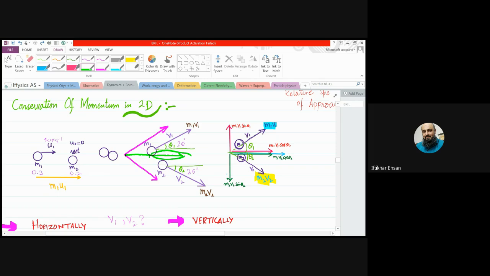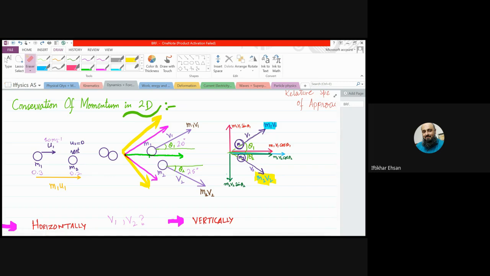This final momentum after collision is equal to the initial momentum. And for the final momentum to be in the middle, along the horizontal direction, one of the components must be in this direction, the other must be in this direction. So the resultant should stay in the middle along the horizontal, right, Hassan?